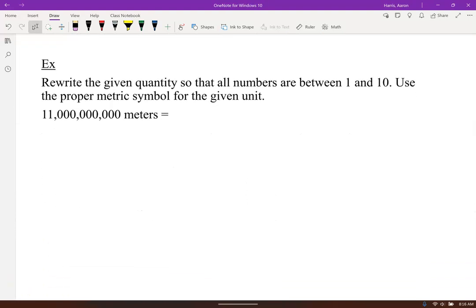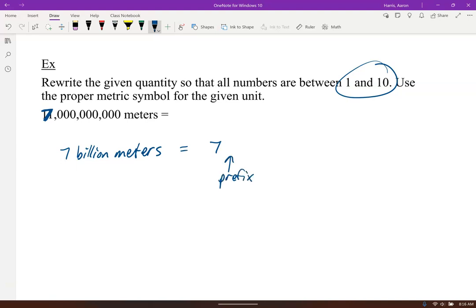All right, let's do similarly for this one. Oh, you know what? I was going to make that a 7, not an 11. Sorry about that. Well, if you notice, that's 7 billion meters, right? 7 billion meters. So what we're trying to do is write it as 7, a number between 1 and 10, and then the prefix for billion, and then meters is just lowercase m.